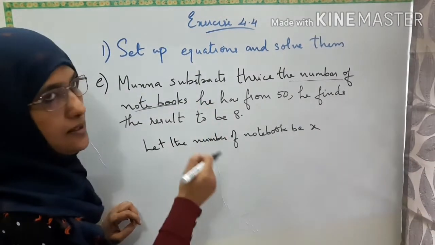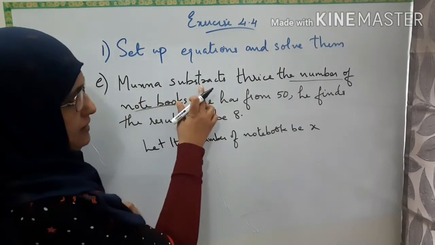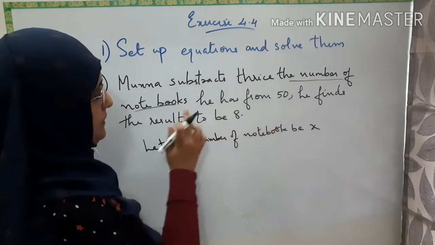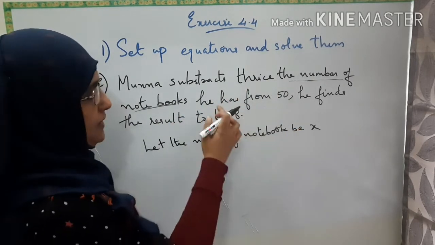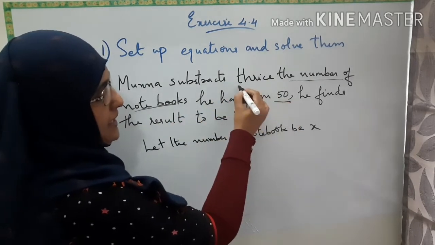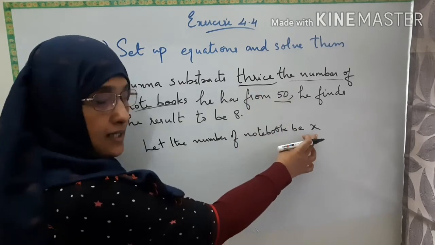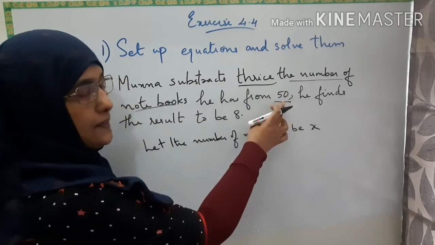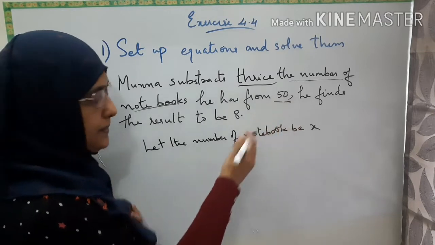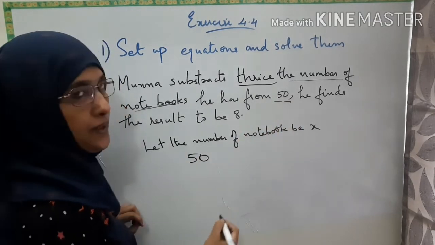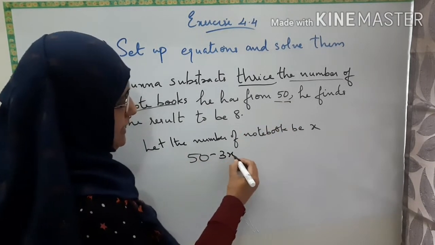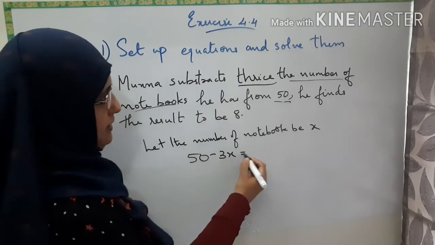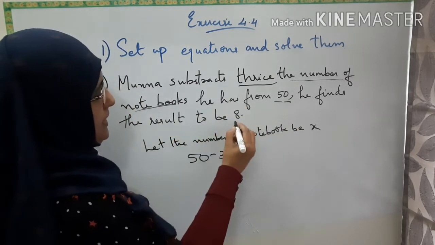What is the condition given? He subtracts thrice the number of notebooks from 50. Thrice the number of notebooks means 3x. It is subtracted from 50, so you have to write 50 first. 50 minus 3x. He gets the result to be 8.